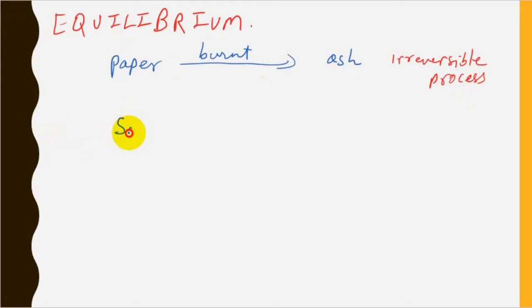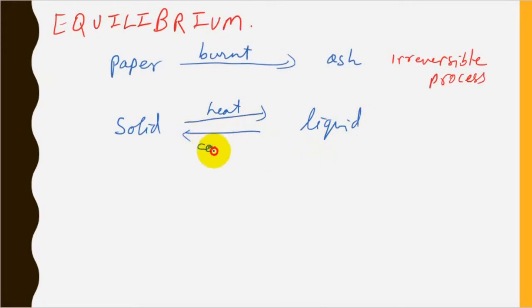But many times, when we take certain substances and carry out a change, like if I take a solid and heat it, it will melt into a liquid, and if I again cool it, then it goes back into the solid state, isn't it? So here the process is possible in both directions.